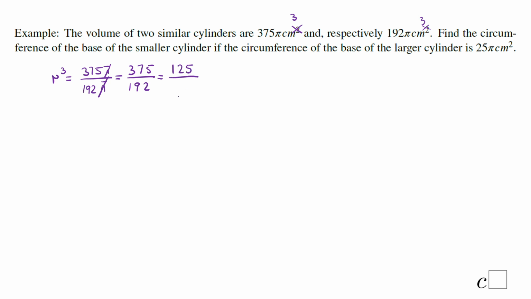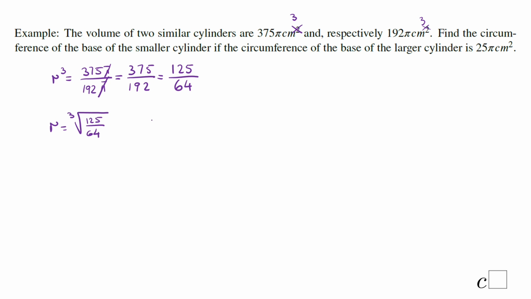We just had it before. 192 divided by 3 is 64. Another nice number, right? Because now I can find r. r will be the cubic root of 125 over 64. So you can use a calculator if you have.